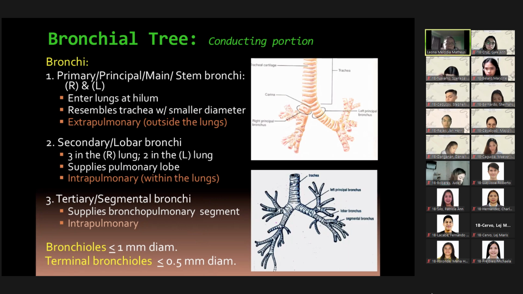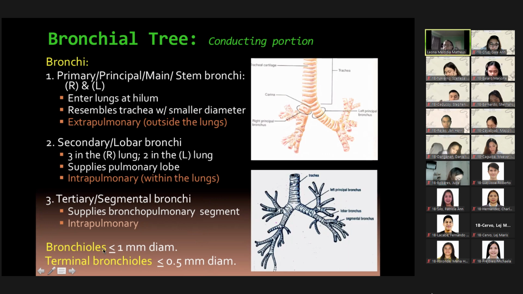Now, after your bronchi, we'll again divide into smaller divisions. And this time we call them bronchioles, with a measurement of equal to or less than 1 millimeter in diameter. So, meaning, if it is 1 millimeter and smaller, it will already be a bronchiole.